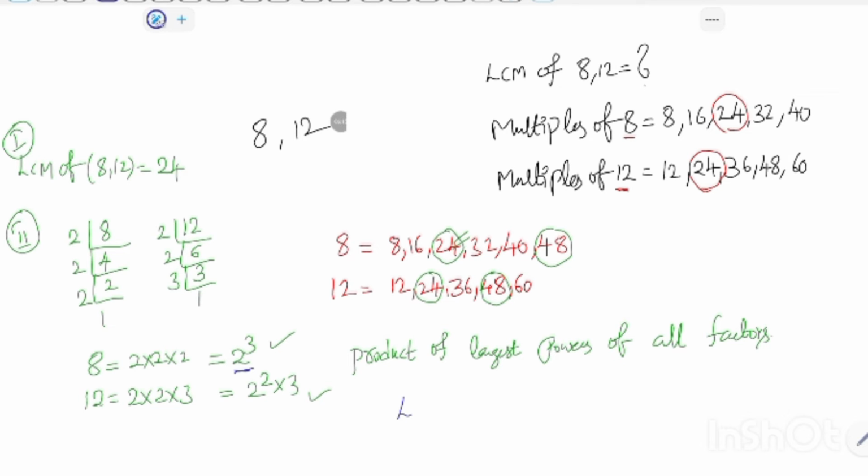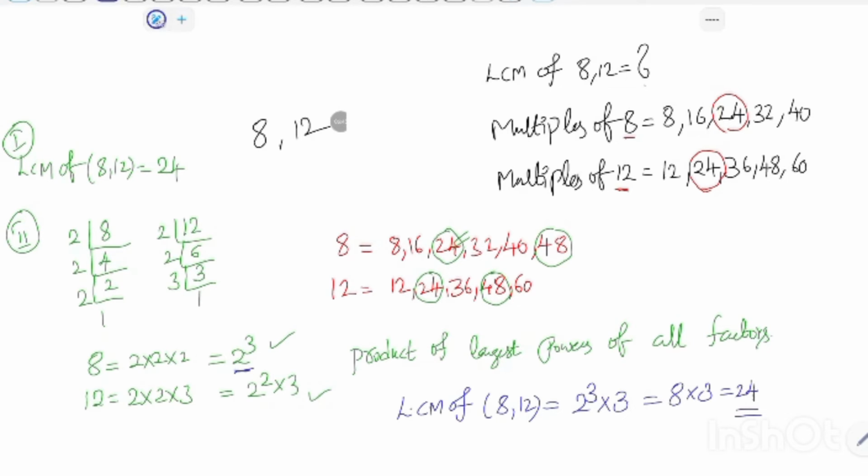Therefore, the LCM of 8 comma 12 is equal to 2 power 3, and we have only one other prime factor, 3, with power 1. So 2 cube is 8, and 8 into 3 is 24. Again I got the same answer.